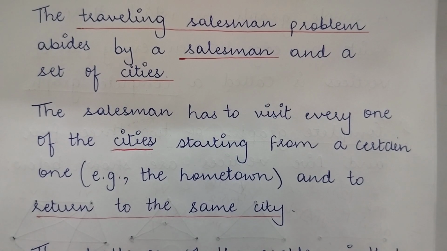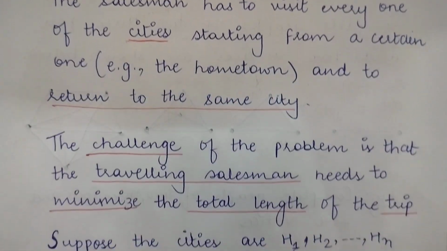He starts from a city, we call it his hometown, then travels across various cities and finally reaches its destination city. From that destination city, finally he comes back to his own city from where he started. So this is the situation we assume.